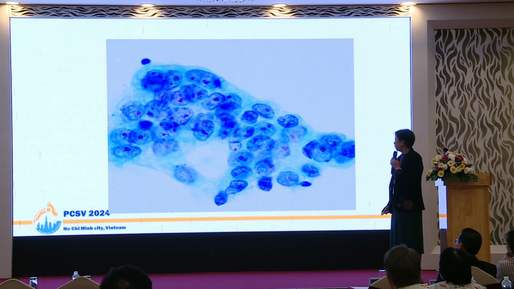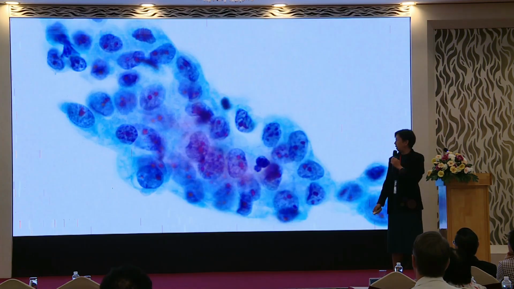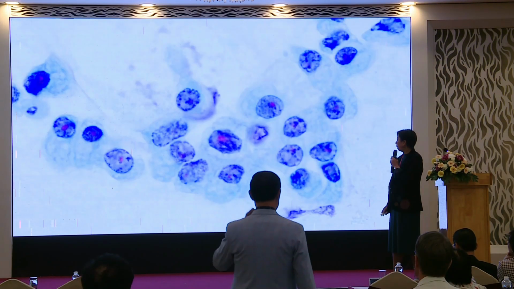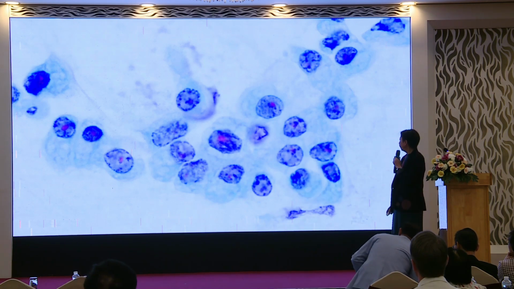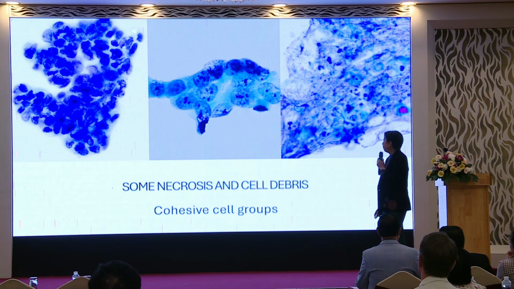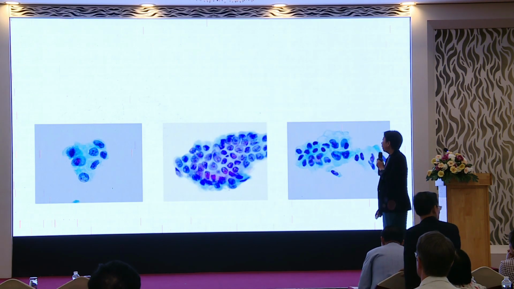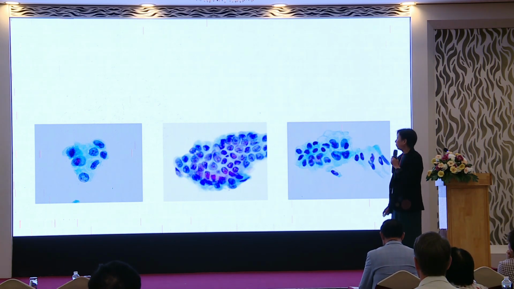Loss of polarity, different nuclear membrane thickness, multiple nucleoli, different sizes of the epithelial cells, a formation of acini, some necrosis and cell debris.